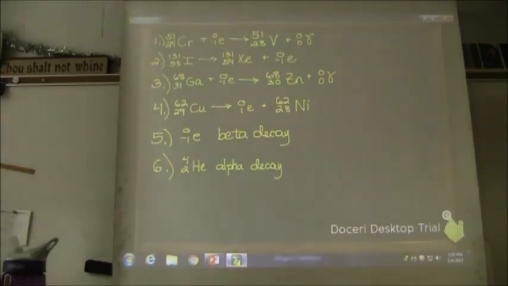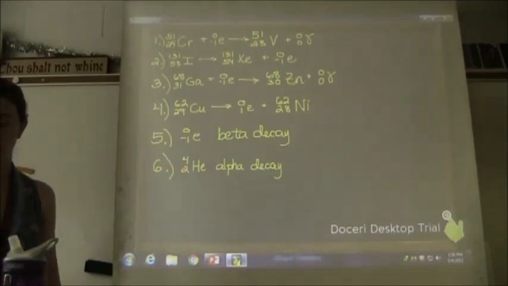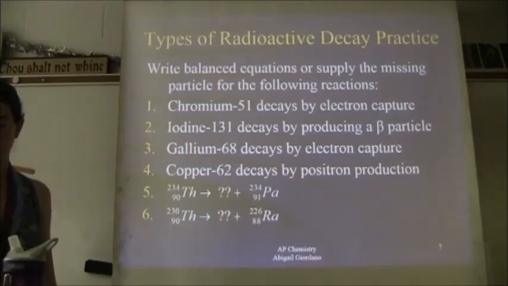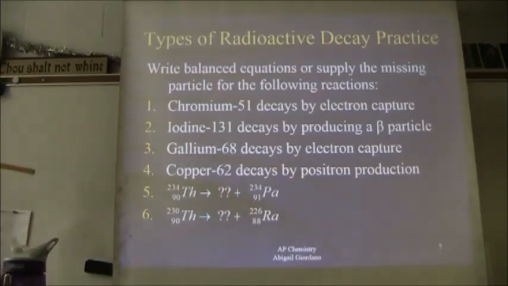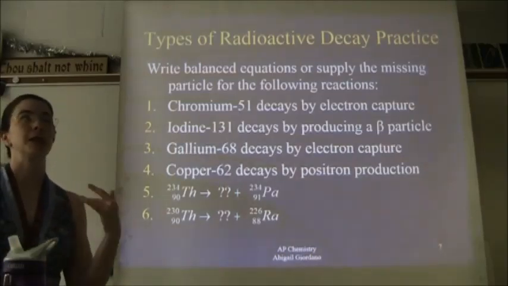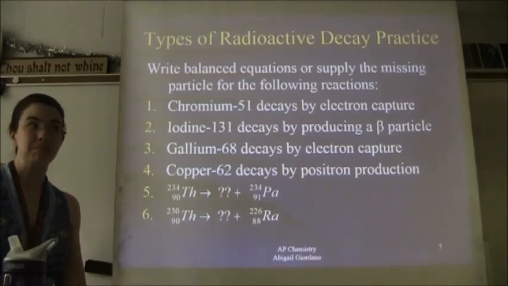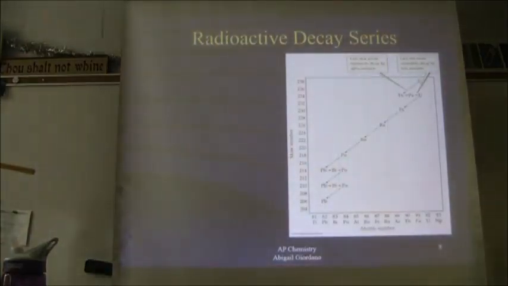Okay? Let's talk about some real-world situations where these reactions actually do occur. And first and foremost, it's not the most pleasant topic to discuss, but radioactive nuclear weapons is probably the most common place that we hear about radioactive decay.